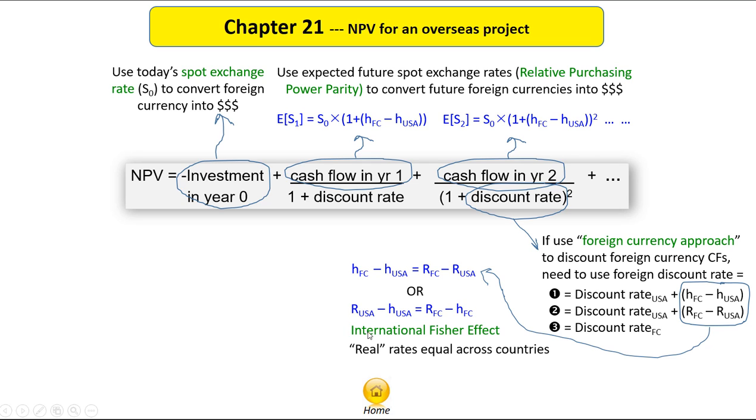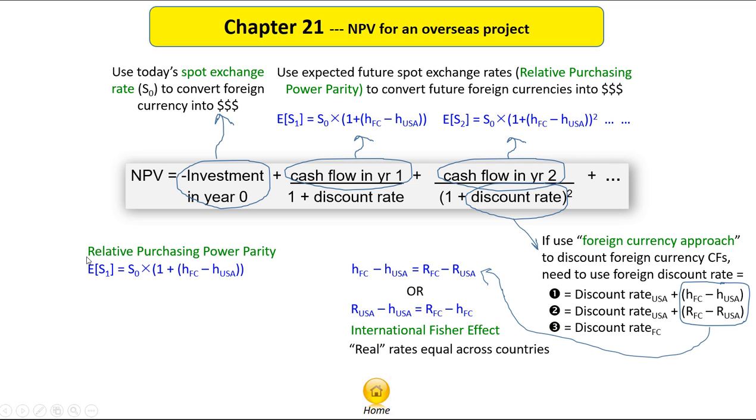This is the so-called international Fisher effect. On each side of this formula, we essentially have the real interest rate when they're adjusted for inflation. So the international Fisher effect says that the real rates are equal across different countries.